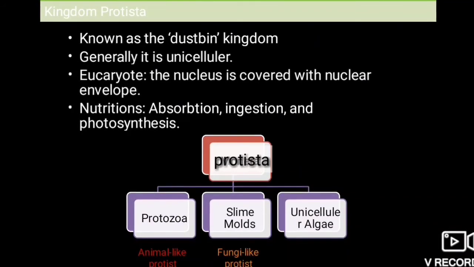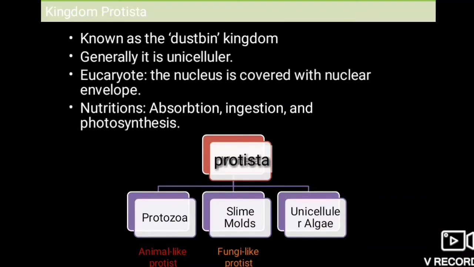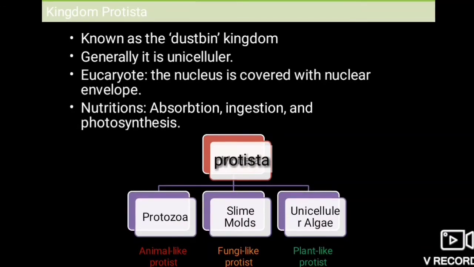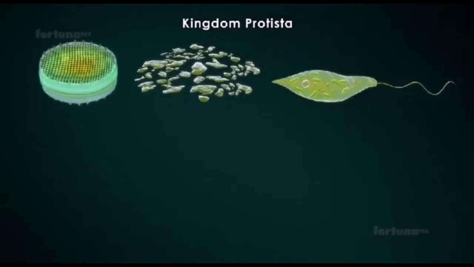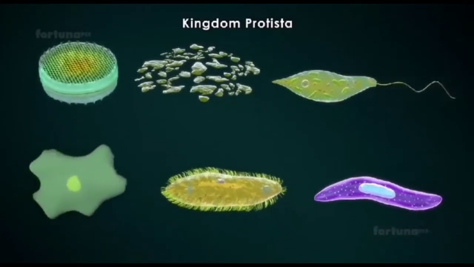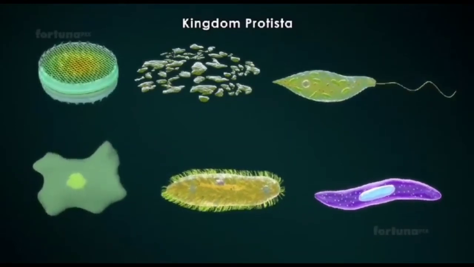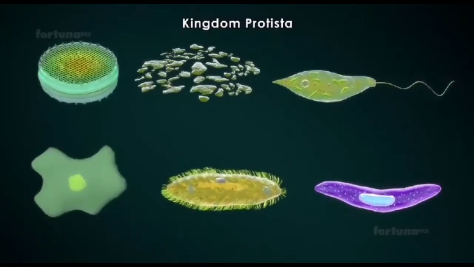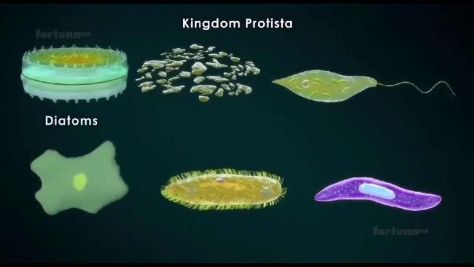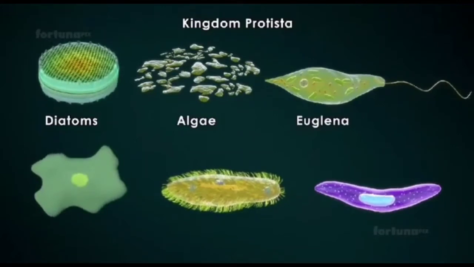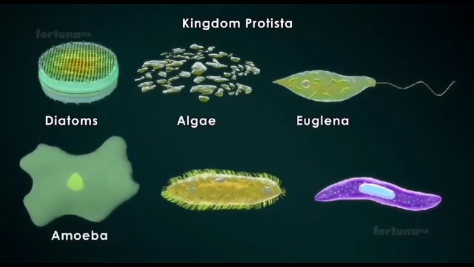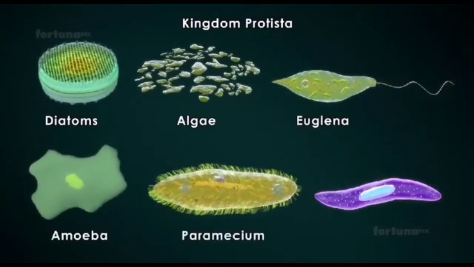Slime mold is fungi-like protist, and unicellular algae is plant-like protist. Protista are plant-like if they have chlorophyll and can do photosynthesis, and animal-like because they have locomotion structures. Most Protista live in aquatic environments. The members such as diatoms, algae, euglena, and the members of Protozoa are amoeba, paramecium, and plasmodium.